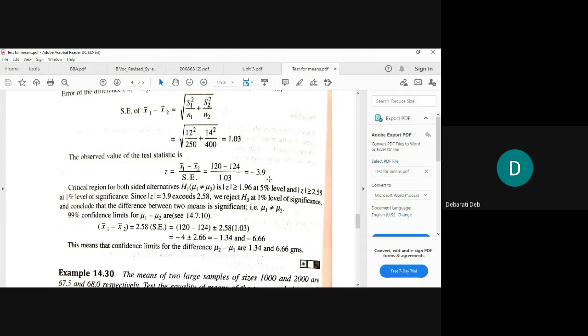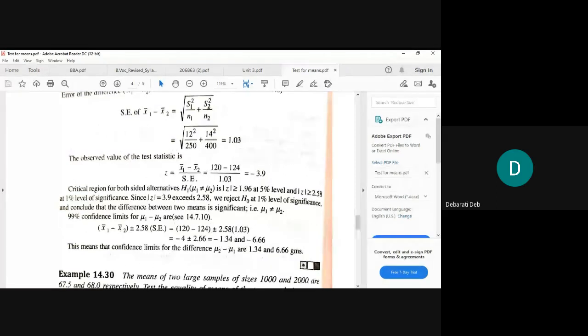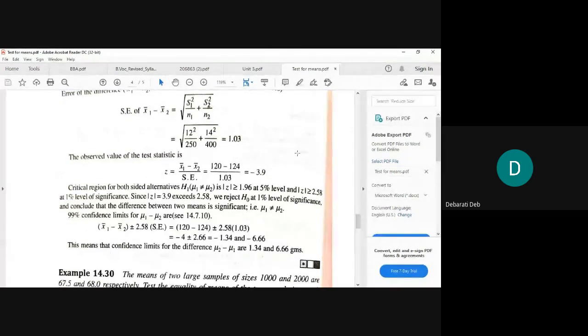Critical region for both sided alternatives, that is H1, mu1 not equals to mu2, is Z greater than or equals to 2.58. We will not write about 1.96 because in the question we were asked to test at 1%. So no need to write about 5% here.